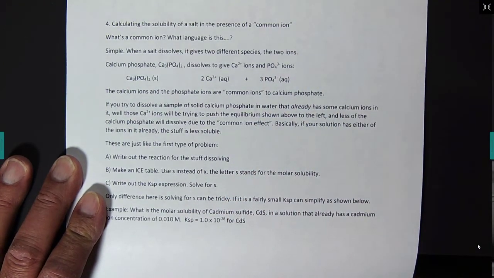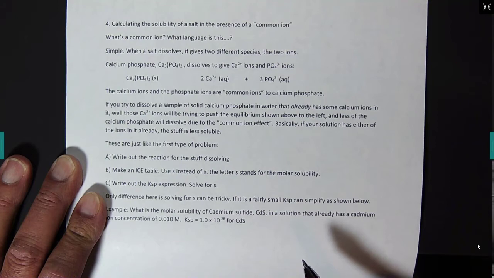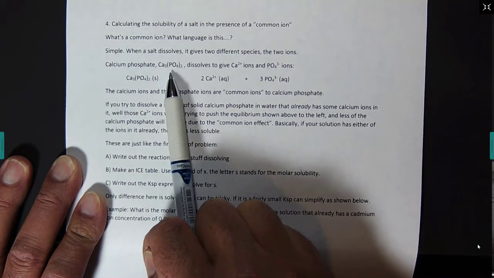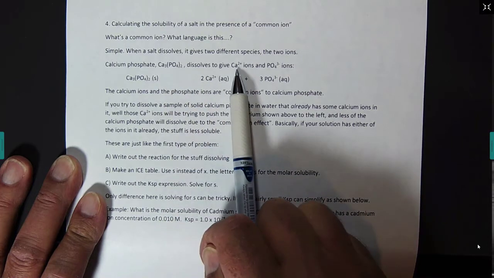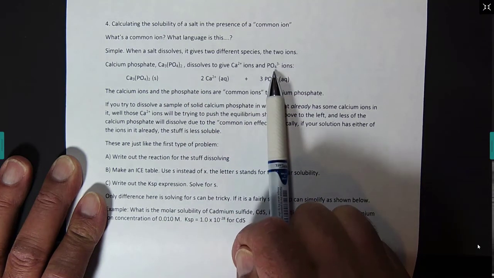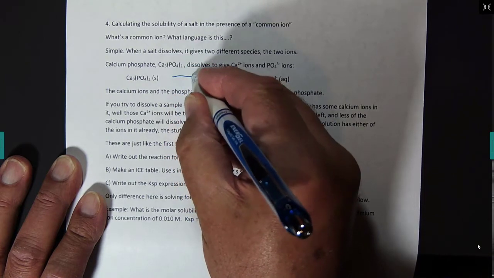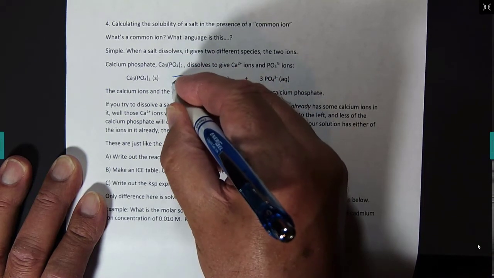It is so simple. Look, you got a salt, you dissolve it in water. You get a positive ion and a negative ion. So calcium phosphate dissolves in water. It's going to give you calcium ions and phosphate ions. There's your equilibrium right there.